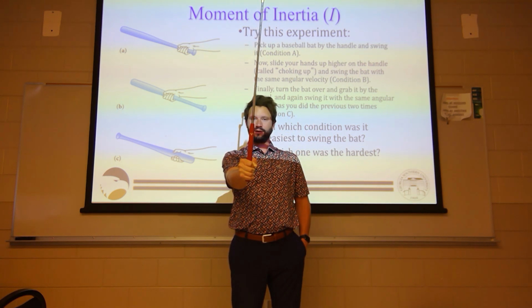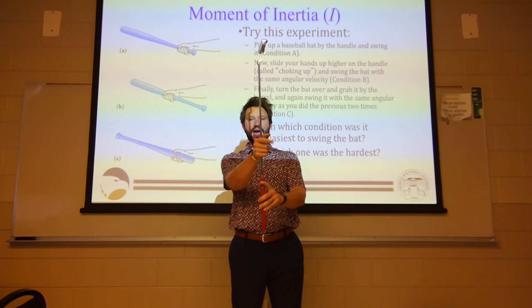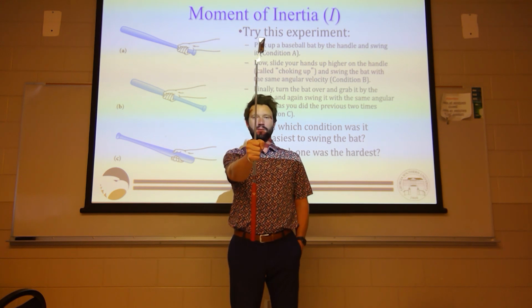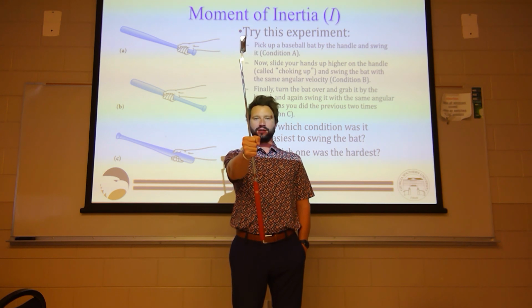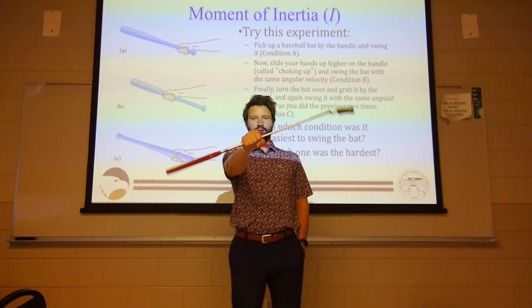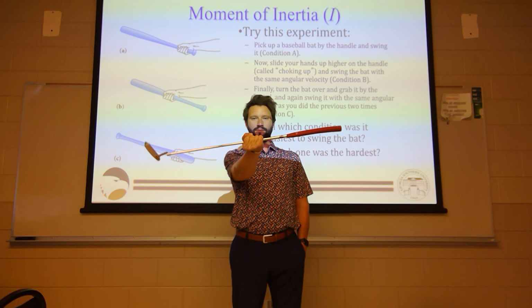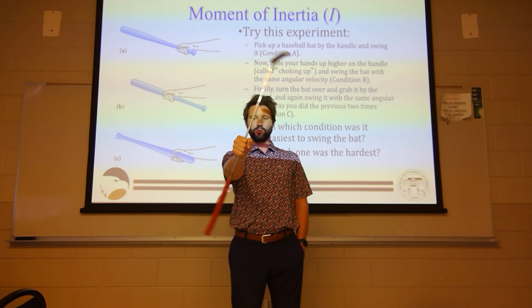Once you've got a feel for that, we're going to go to our next position. Choke up to about the halfway point of your object. It's not super particular, somewhere around the middle. Do the same thing, rotating it back and forth the same way, and get a feel for what that motion is like.